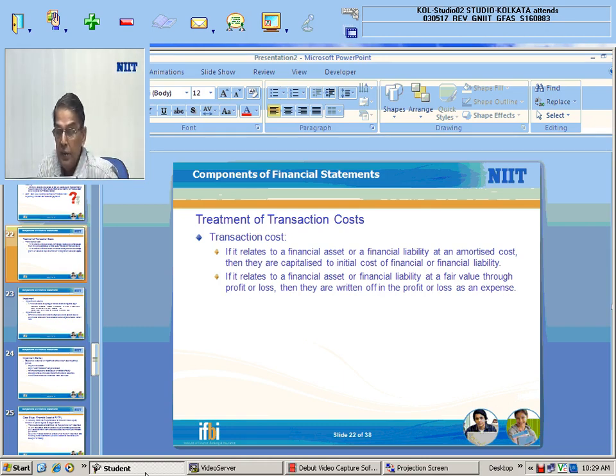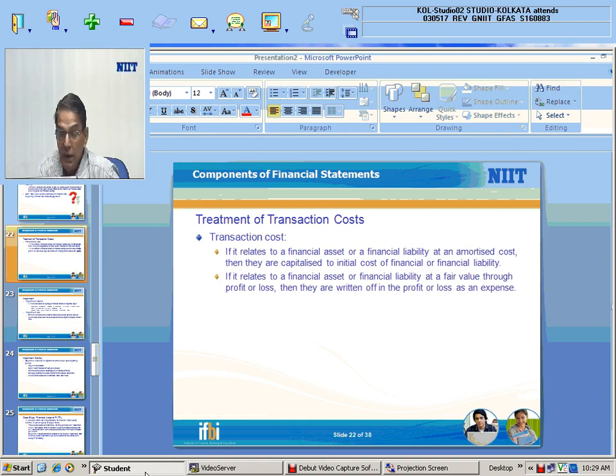Like, entity A purchases 100 shares of entity B with a quoted price of $124 at a total consideration of 12,400. Let's say entity A purchases 100 shares of entity B. The quoted price is $124 per share, so total consideration for 100 shares is 12,400.